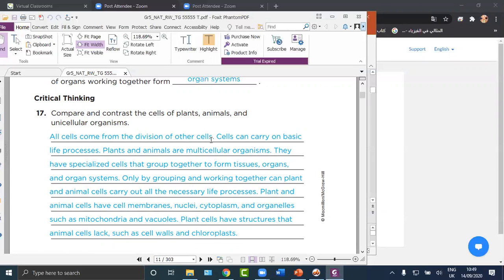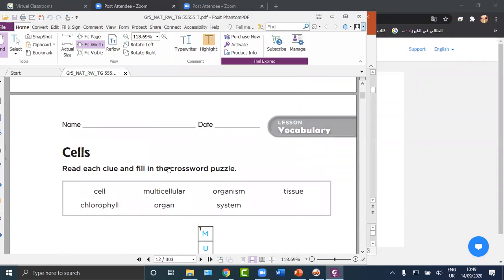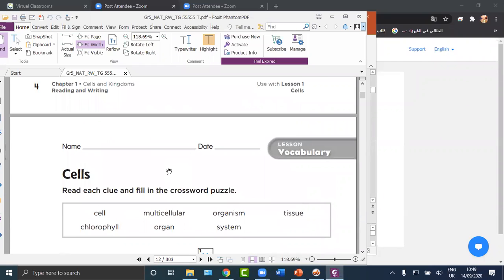Page 5. Hurry up, page 5. The puzzle. Read each clue and fill in the crossword puzzle. Number 1.